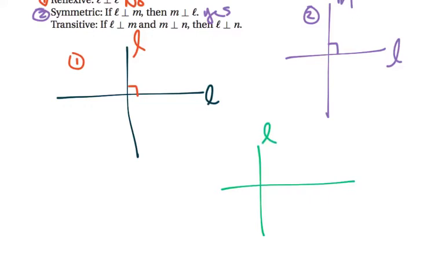If L is perpendicular to M, and M is perpendicular to a new line, which is N, then we can just take L and N and make them perpendicular. But L and N end up actually being parallel. So this one's going to be a no as well.